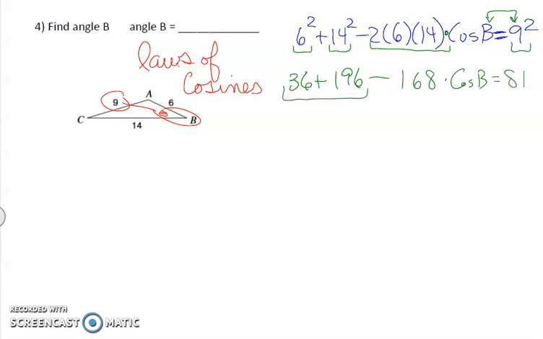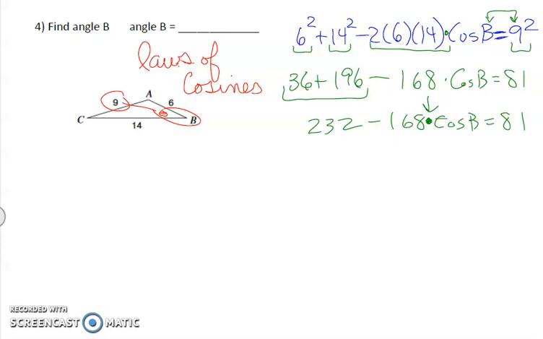So if I follow the order of operations, this becomes 452 minus 448 cosine of B, this is the multiplication problem, equals 81. Now we cannot subtract the 452 and the 448 because multiplication is a higher order than the subtraction problem.